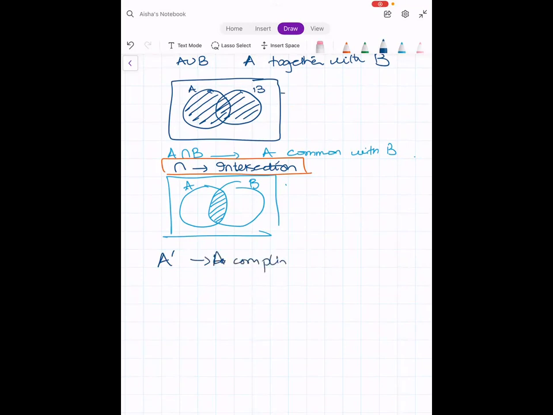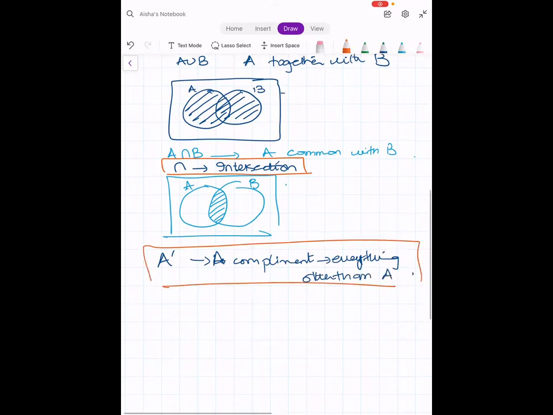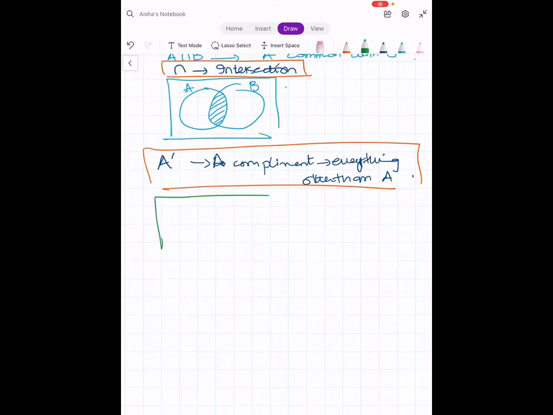Some people say A bar, A prime, they mean the same: everything other than A. So if I were to draw a set and Venn diagram for this one, it's A and B. A complement is everything other than A.